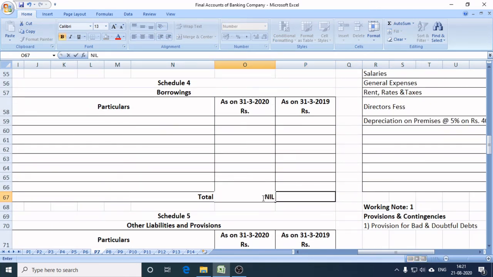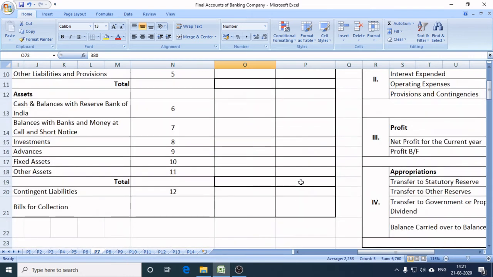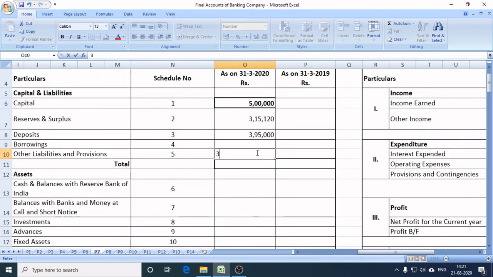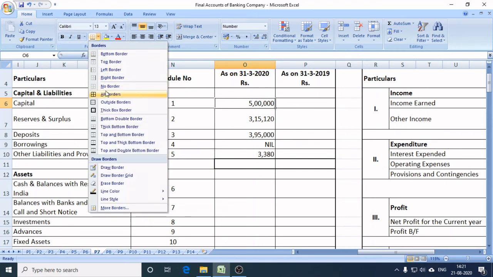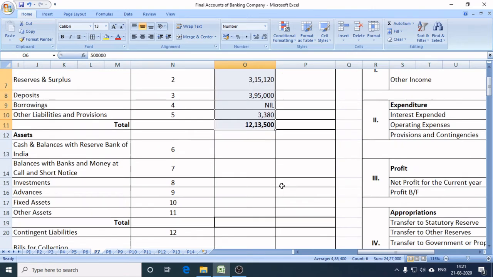So that nil balance, schedule number 5, 3,380. So here 3,380 nil balance. Okay. Let's make total of asset liabilities, that is 12,13,500.